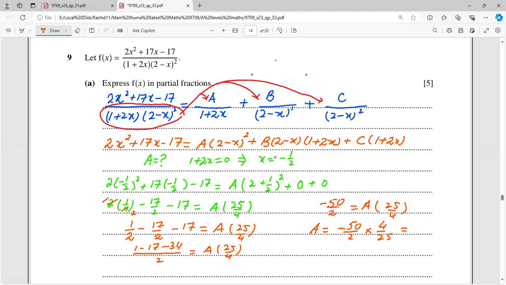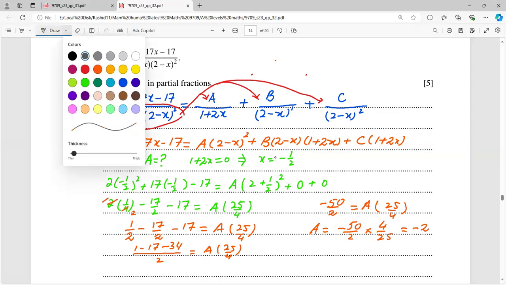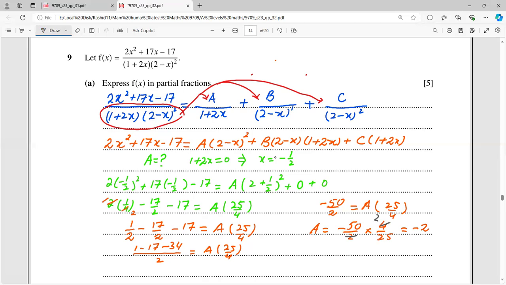So I will get minus 2 over here, cancellation of all the fractions. When I cancel the terms, 2 is cancelled by this one, 2 to the 4, 25 by 25. So it will be 2 to the 4, the answer will be minus 4, not minus 2. That is the first answer.